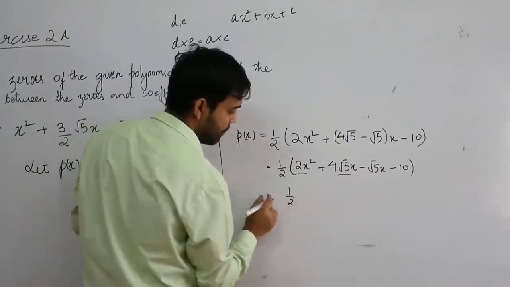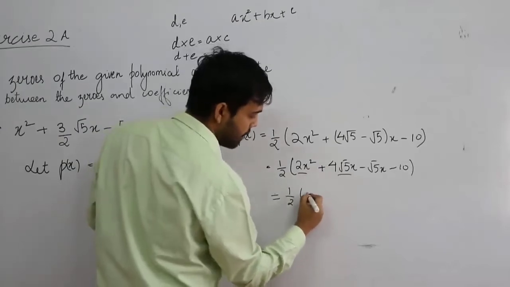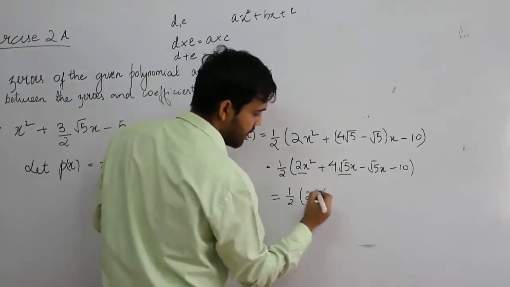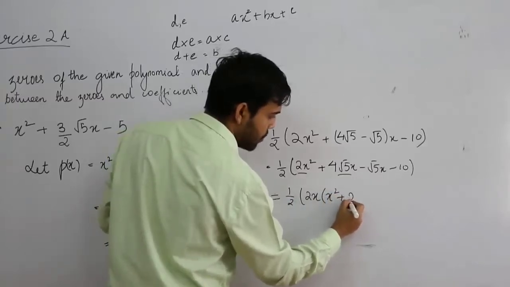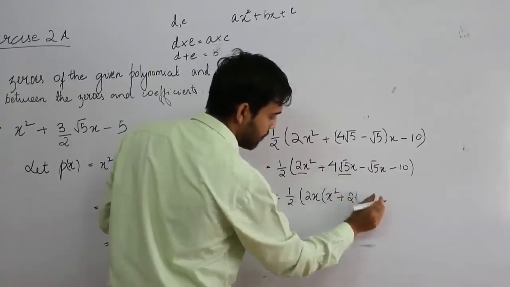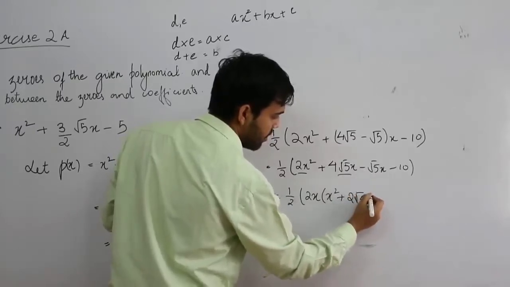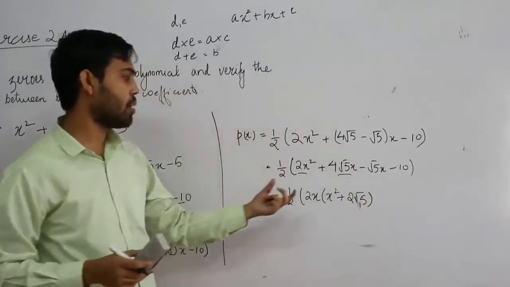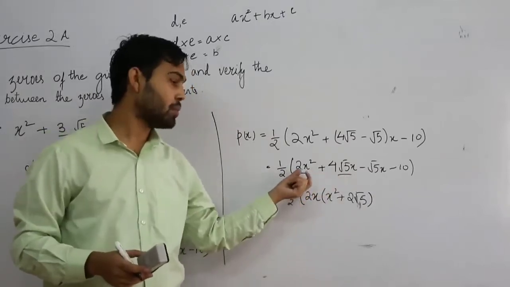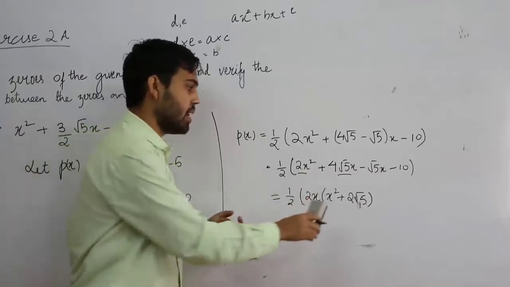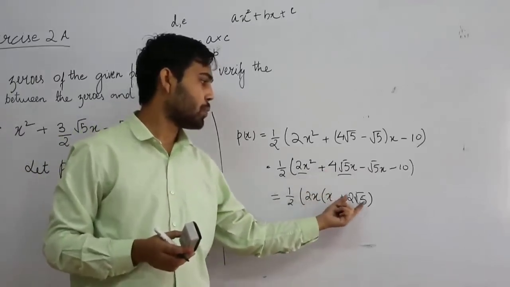What is the common term in here? When I take common between these two terms, the common term is 2x. So I have 2x in here. What will be left in here? I will have x plus 2 root 5.